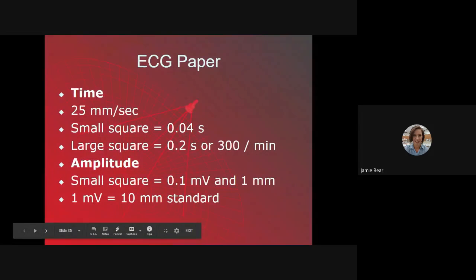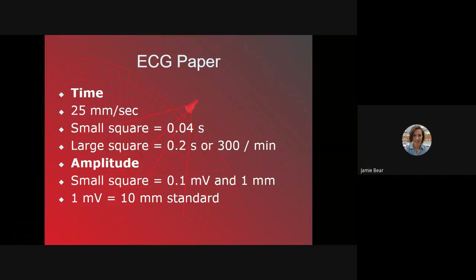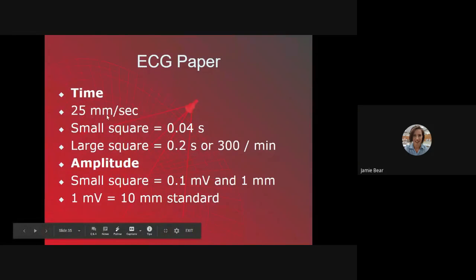Okay, the ECG paper moves at a standard speed of 25 millimeters per second. Now, I am going to have you guys memorize this right here. One small square, and I have paper here that I'll show you guys, is 0.04 seconds.